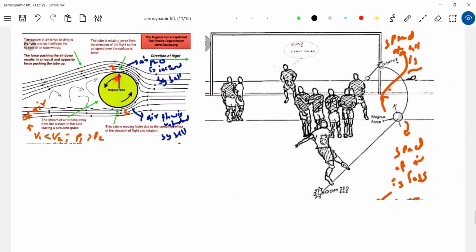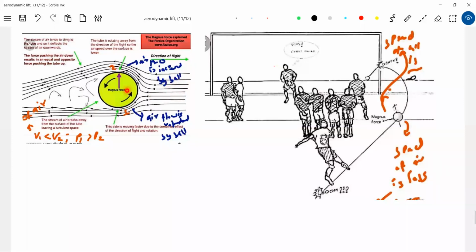What is actually happening is this particular ball is spinning now. The air will rush like this. There's air which is rushing here. Because of this spin, the air here will be more retarded. See, the flowing air will have uniform velocity.